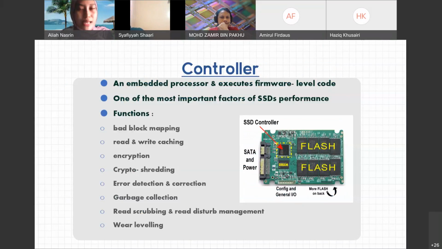The controller is an embedded processor that executes firmware-level code and is one of the most important factors of SSD performance. Some of the functions performed by the controller include bad block mapping, read and write caching, encryption, crypto shredding, error detection and correction, garbage collection, read scrubbing, and also wear leveling. Next.